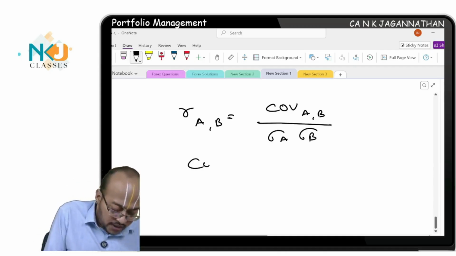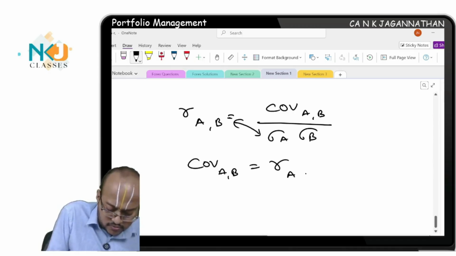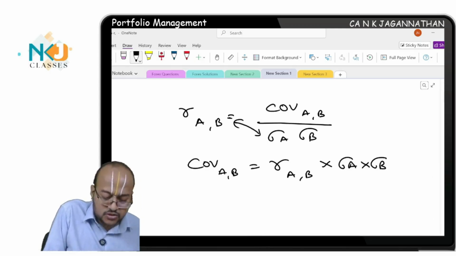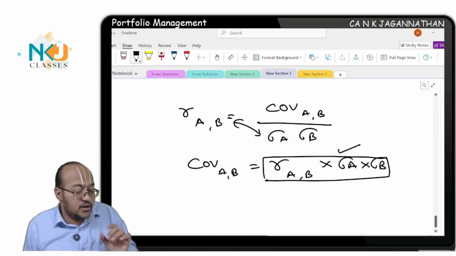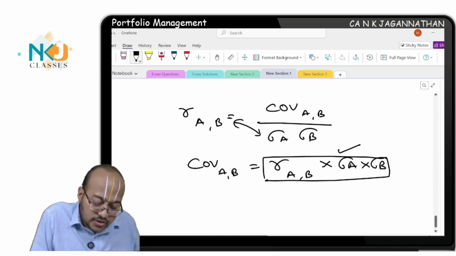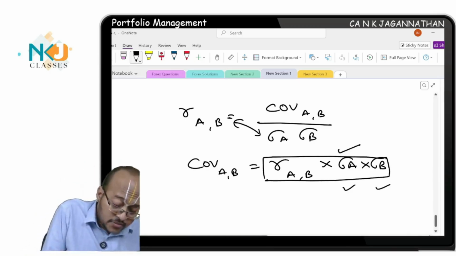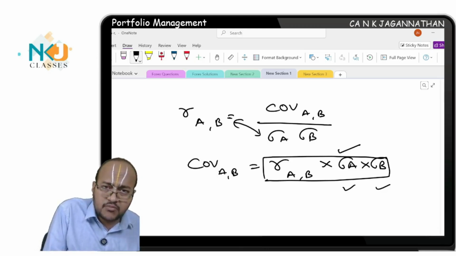Now, covariance of A and B, same thing, I just rewrite by cross multiplying: correlation of A and B into sigma A into sigma B. This also you agree? Shall I proceed? Same thing, correct? But the problem is, in this question, sigma A, sigma B, all this you can find out, no issue. Correlation between A and B they have asked. They have asked covariance between A and B.